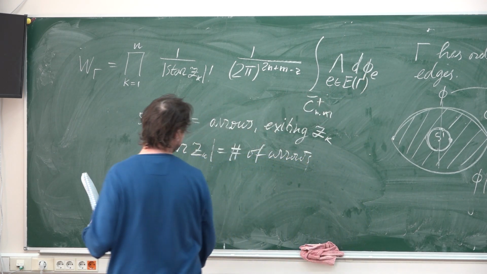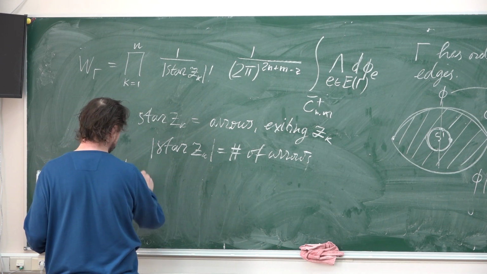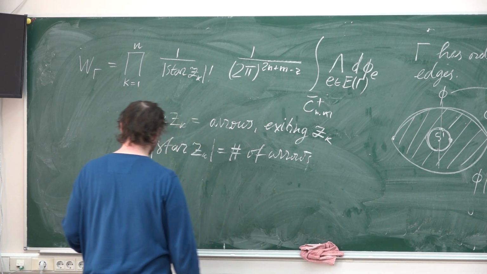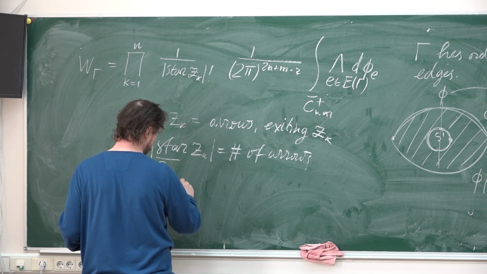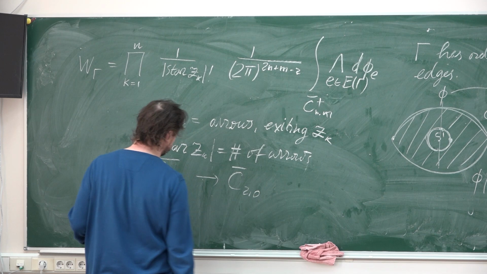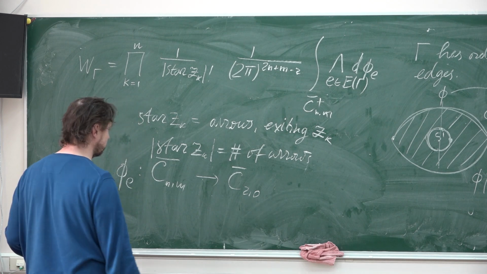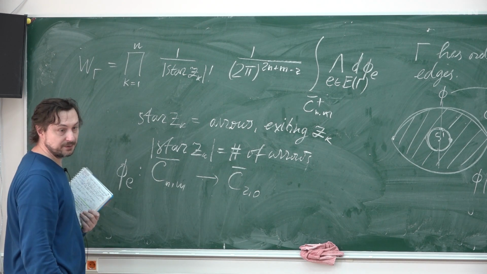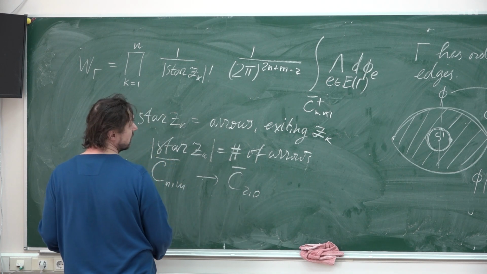So let me explain the remaining part of notation. What is phi E? We have a map from C bar n m into C bar 2 0, given by forgetting all the edges except for the given one. So phi E is this map. Right?